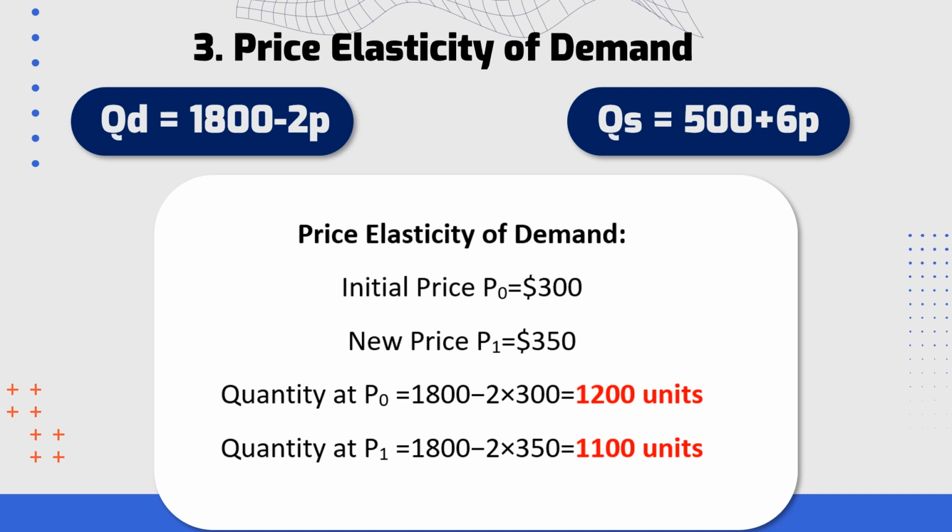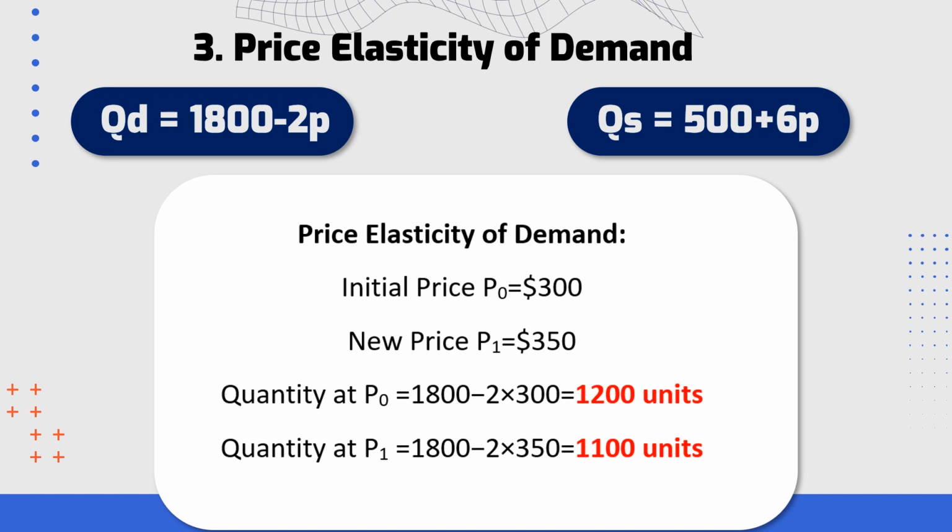Just an example. Imagine there is an initial price for a smartphone at the level of $300. The new price is $350. Since it's a price elasticity of demand, we're working with this formula. We need to insert these values and receive the new numbers.